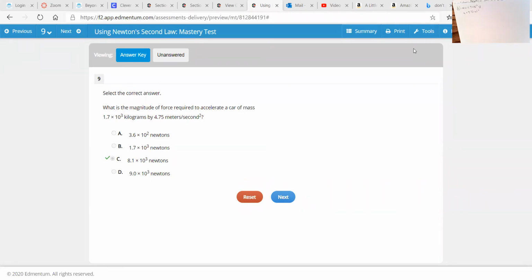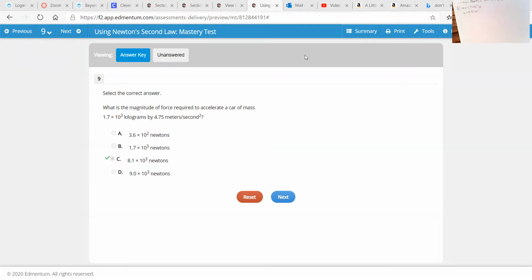Hey, so I am back with the last two questions to this Newton's second law mastery test walkthrough. Here we're given the mass of a car and it's asking what is the magnitude of the force required to accelerate a car of this mass by 4.75 meters per second squared.